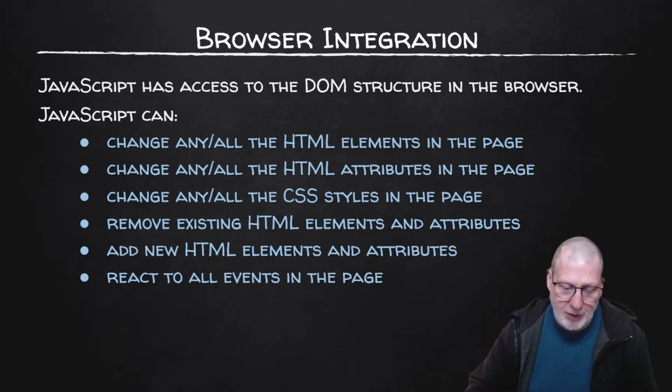And the way we use a module is we say type equal module. The other type you can use is text JavaScript. That's the default. But I'm going to get you guys in the habit of using module.